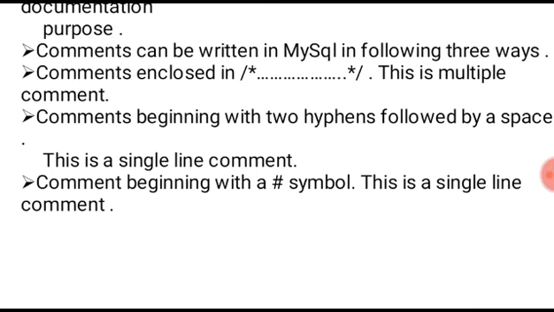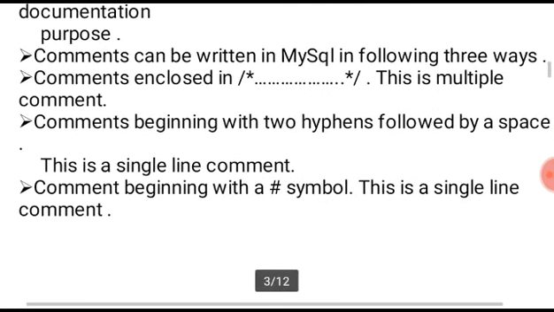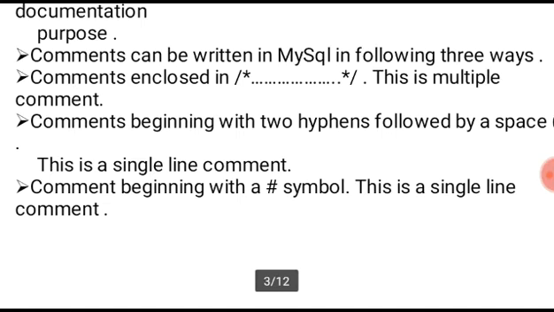If we want to put a single line, then we use a single line comment, and if we want to put a comment across more than one line, then it is called a multiple line comment. Multiple line comments are written using slash and asterisk marks. Anything we write between slash and asterisk is considered to be a multiple line comment.